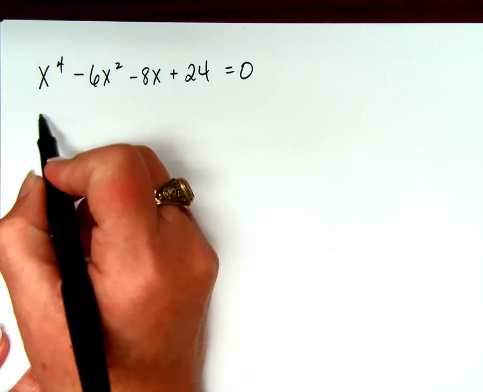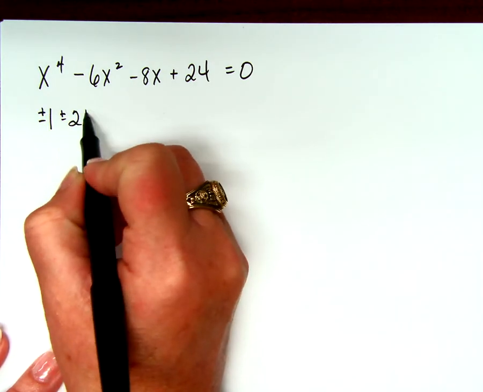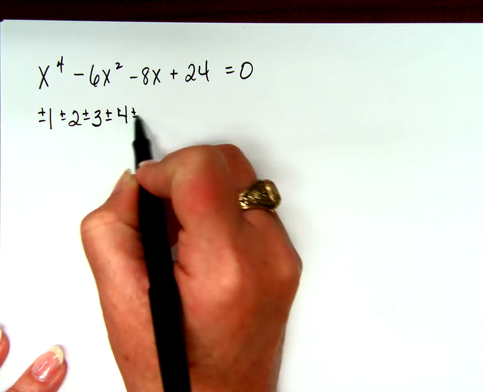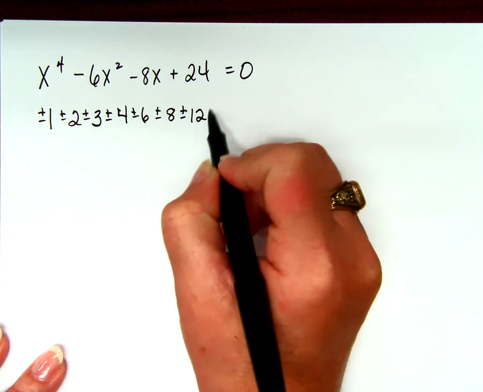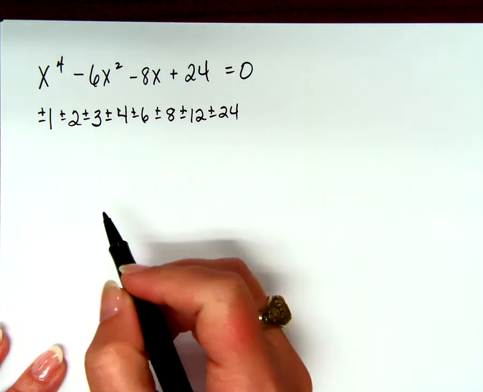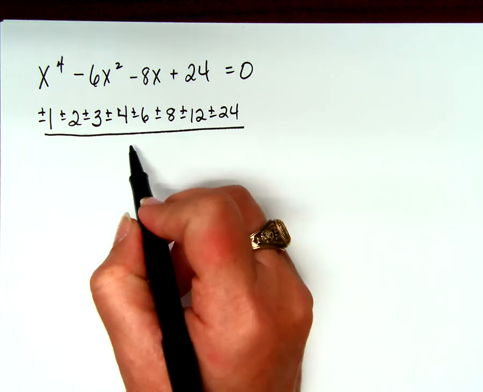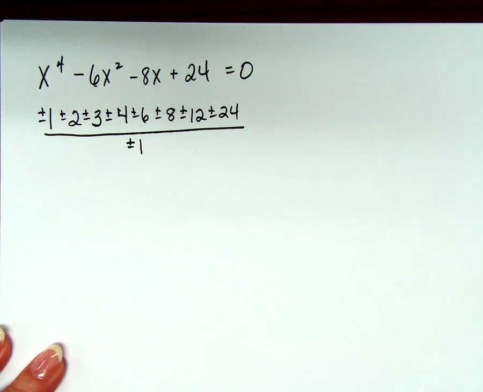So what are the factors of 24? 1, 2, 3, 4, 6, 8, 12, and 24, right? Those are all the factors of 24. And then divide it by the factors of the leading coefficient, which is 1.